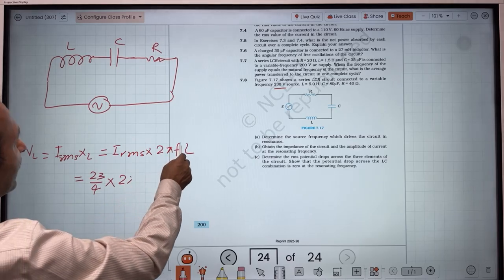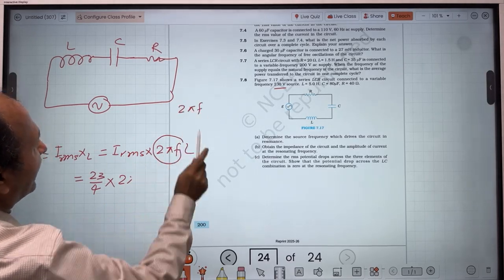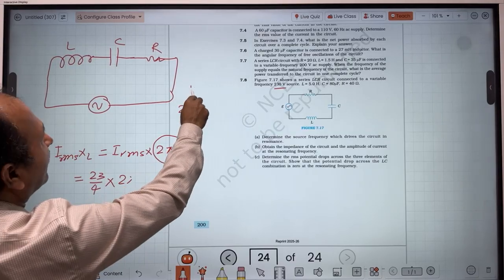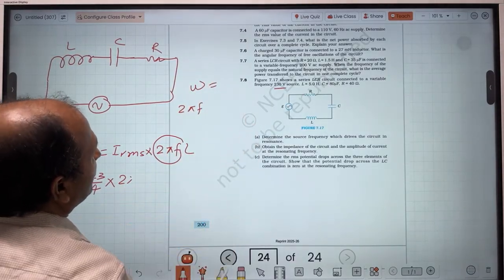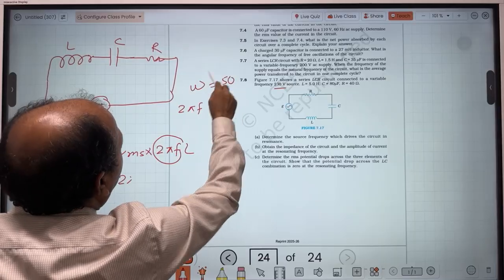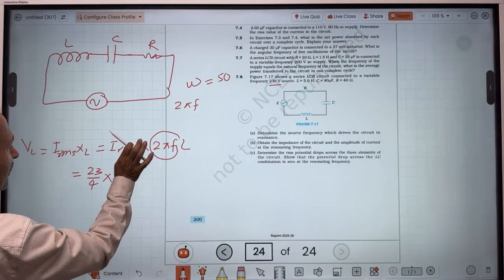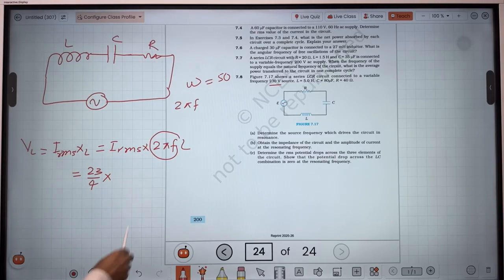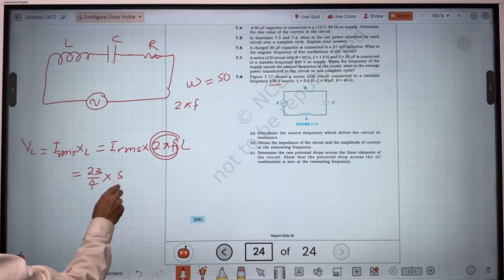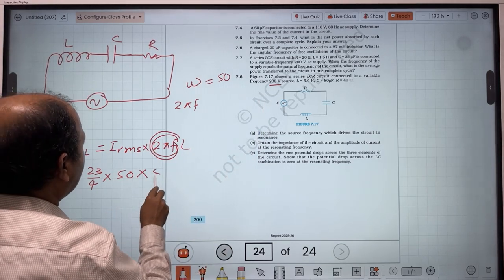If we go back and find 2 pi f from that condition, that means omega, we have evaluated in the previous case. So it is 50. So here this is IRMS times omega. Omega is 50 and L is given as 5.